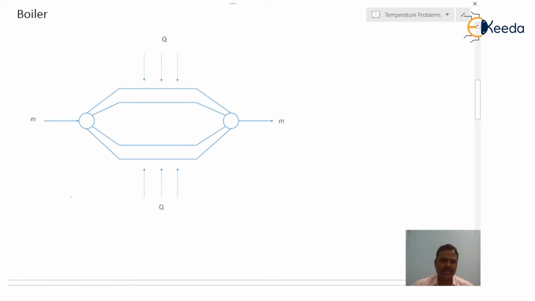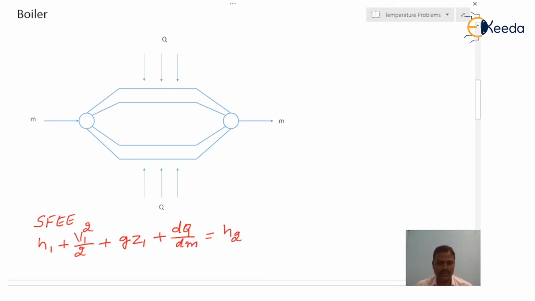Then the general steady flow energy equation, SFEE, is h1 + V1²/2 + gz1 + dq/dm = h2 + V2²/2 + gz2 + dWx/dm.